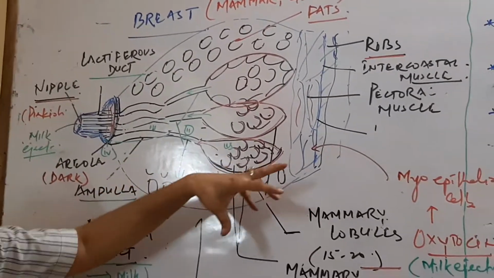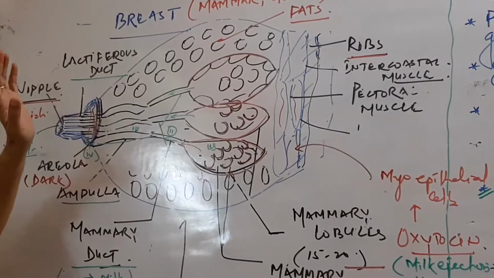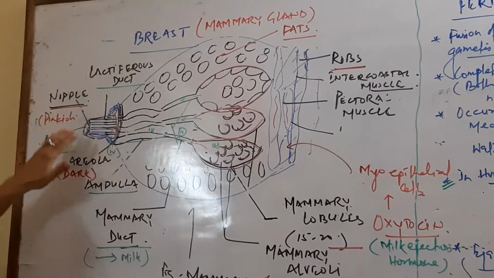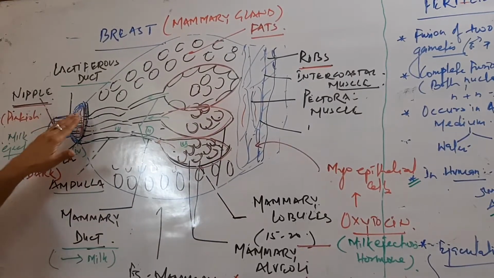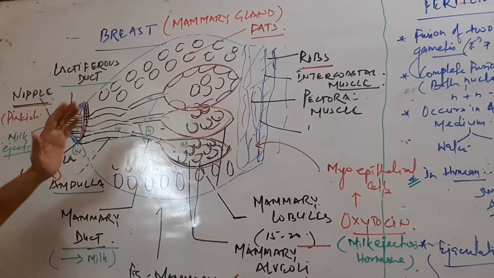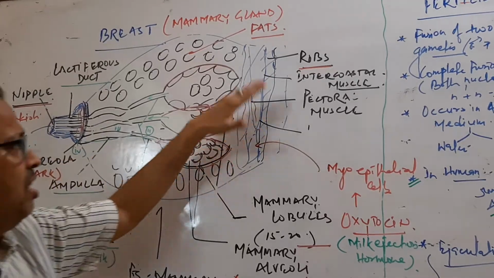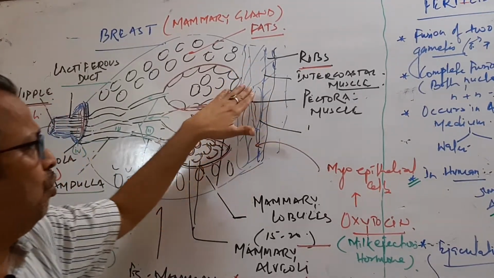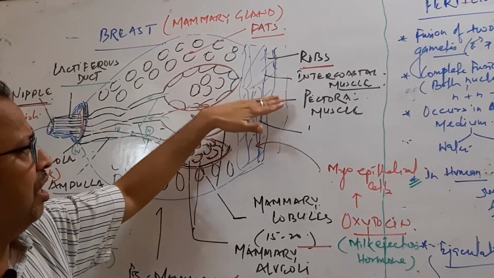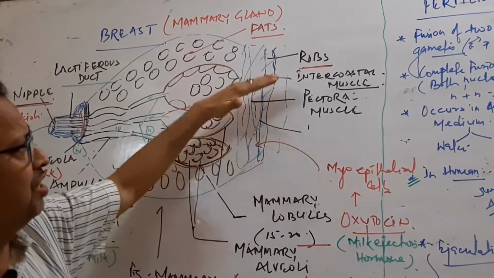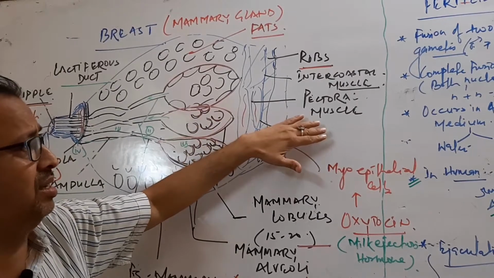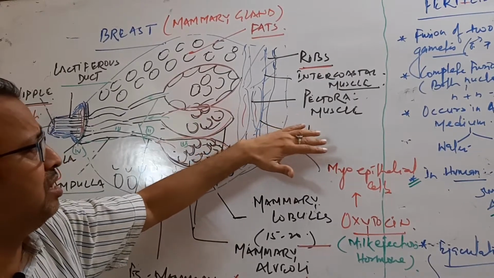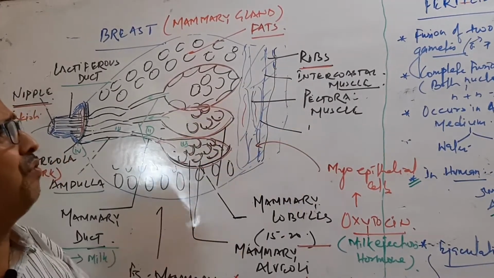So this is the development of the breast in female. This is the outlook of the female mature breast. This is the structure of the breast. Breasts are present over the chest region, attached with the pectoral muscles, which are present in the region of ribs.